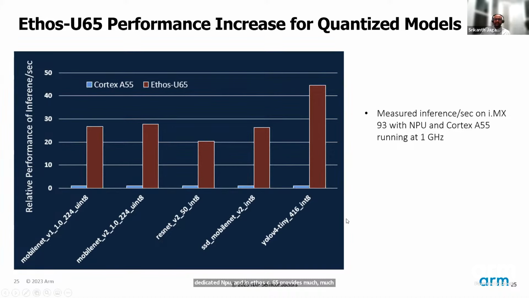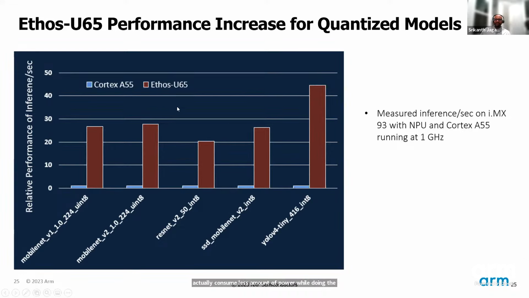Basically, this assists for vision applications, for ML applications. Having this Ethos-U65 provides you with better performance. The other thing that is not given here is we have some power measurements for both running the ML on an A55 and on the U65, and we are seeing not only this 20 to 45x performance increase, but at the same time we are also able to consume less power while doing the machine learning operations.